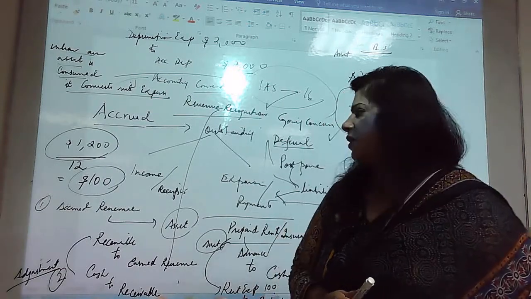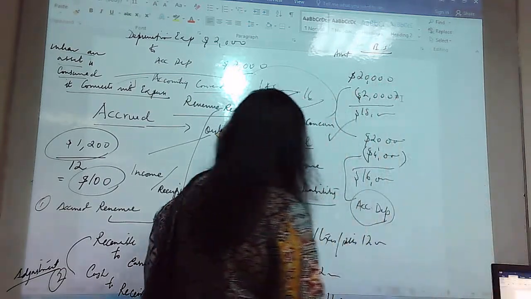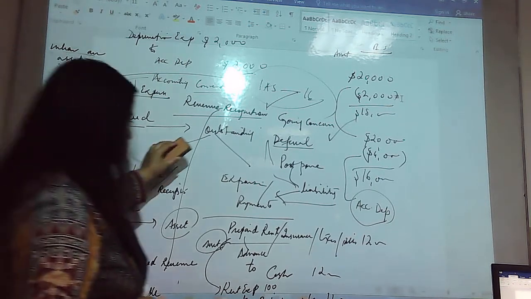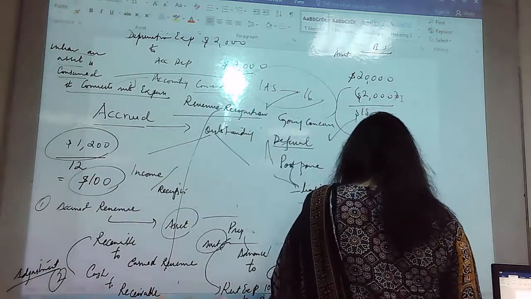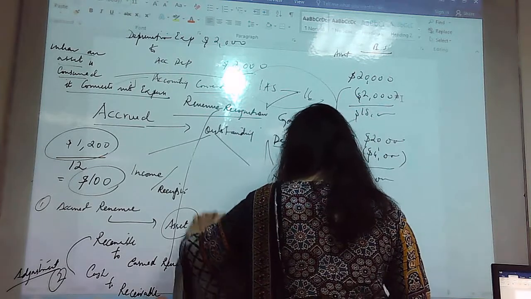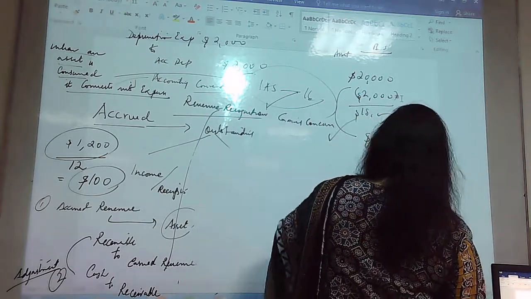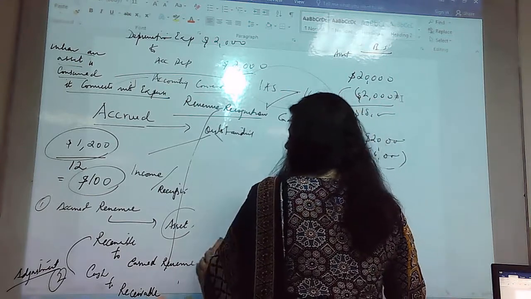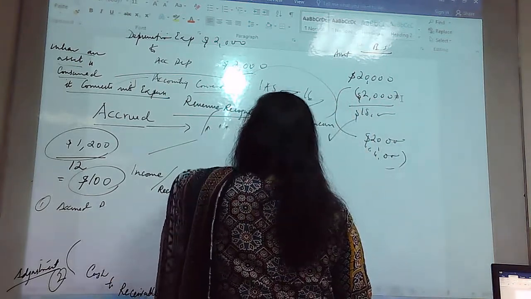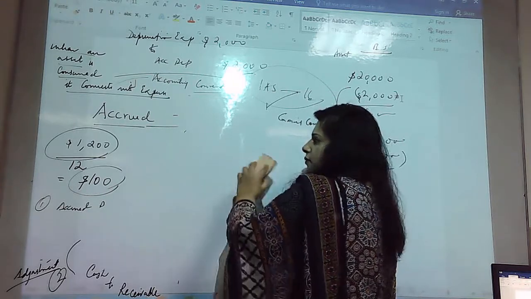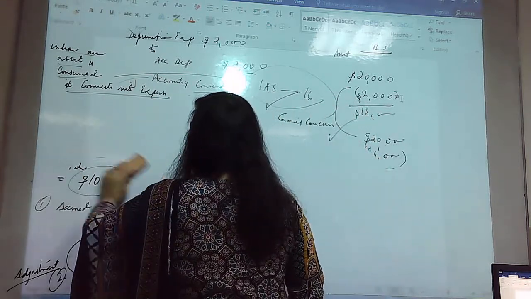Okay, I'm going to be rubbing this, and hope you can see this working, right? Closely associated with this is the unearned revenue. Okay, now when it comes to unearned, it's no more accrued, okay?